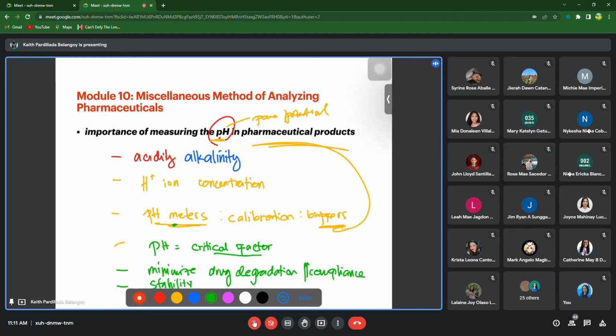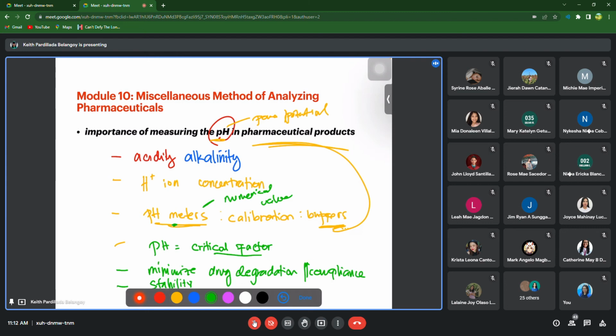These are YouTube videos, and you'll be given questions based on the video. The output is a pH meter. So you'll also be able to meet pH meters. A pH meter gives you numerical values, which are the exact pH of your sample.